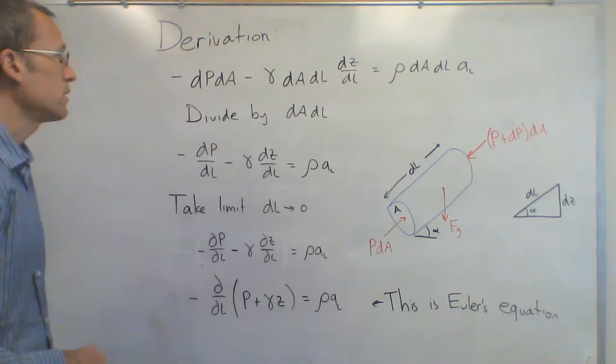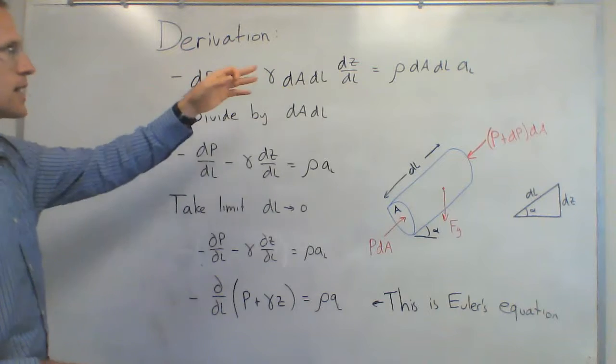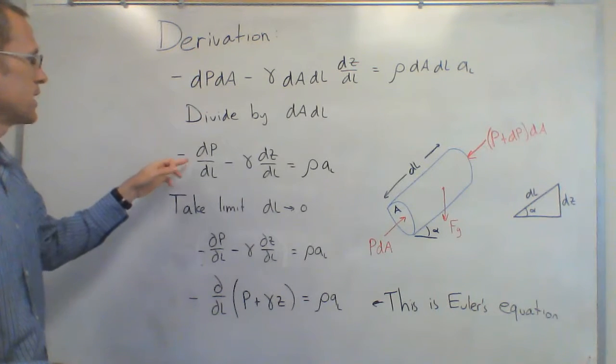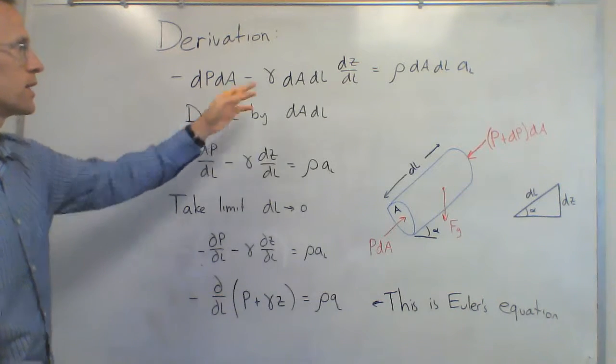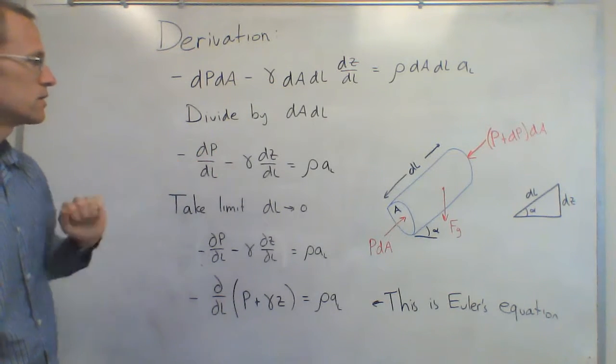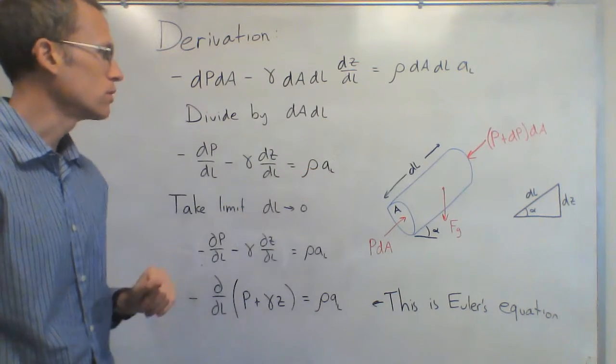So now taking that equation we had previously and dividing it by dA and dl, the dA's cancel everywhere, and I get minus dP over dl in the first term. Again, dA dl cancels, so I end up with minus gamma dz over dl. Then on the right hand side, dA dl cancels, so rho times a_L.